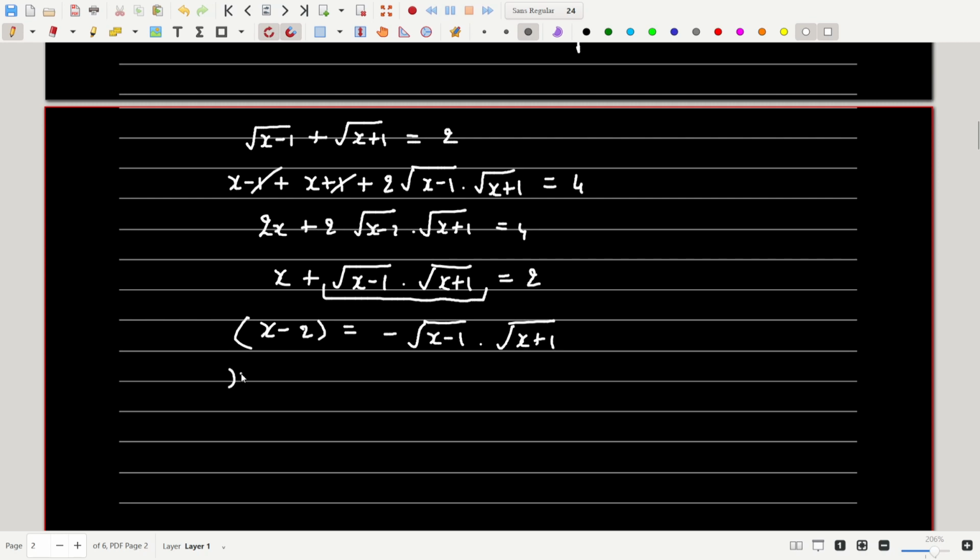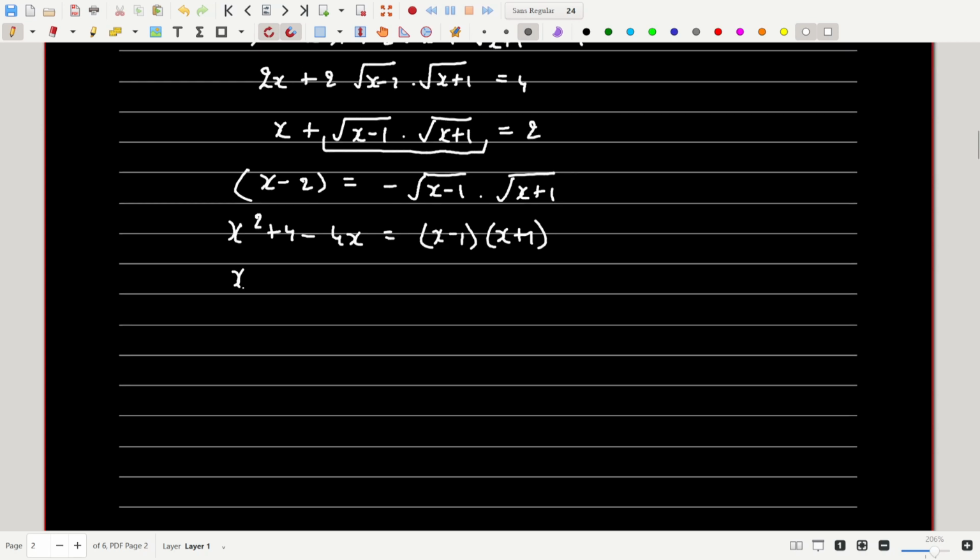Let's square both the sides. So x squared plus 4 minus 4x is equal to x squared minus 1, since x minus 1 into x plus 1 is of the form a plus b into a minus b, which is a squared minus b squared.